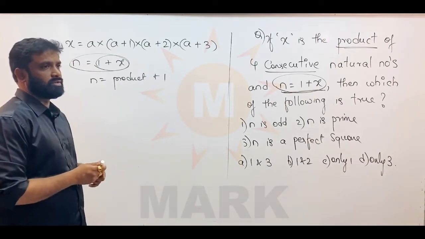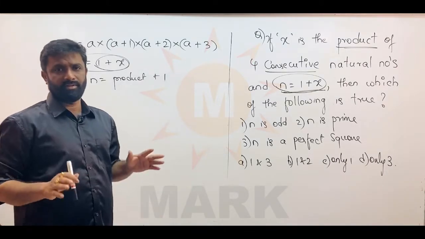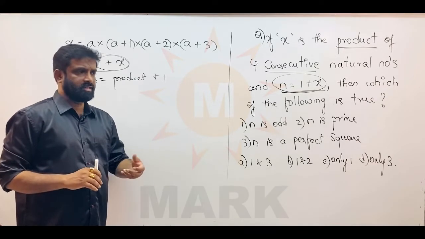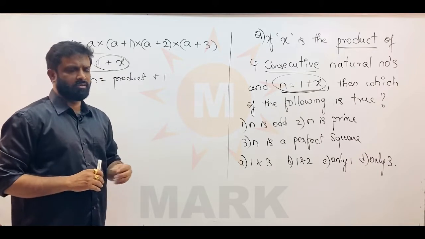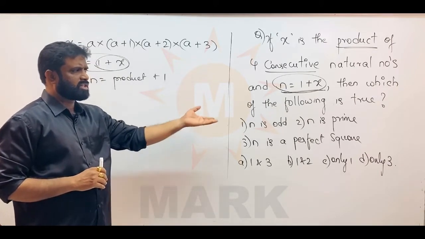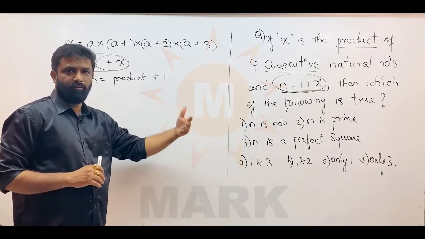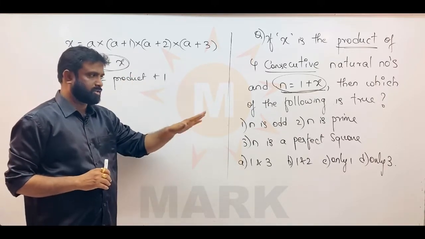Friends, solving this question is purely based on properties of natural numbers. If you know a very easy property, which I think we have also discussed in previous videos, we can answer this question on the spot. You need not calculate anything, you need not even take examples, if you know this property properly. What is that property? First we will see.